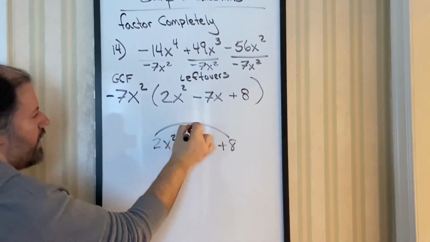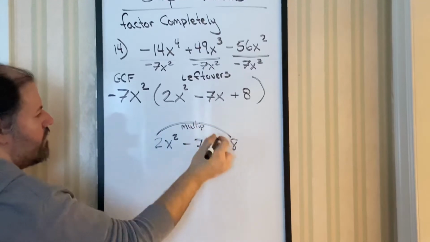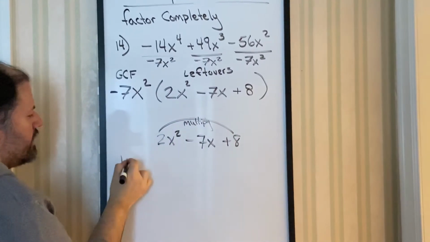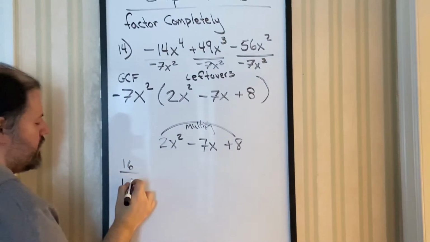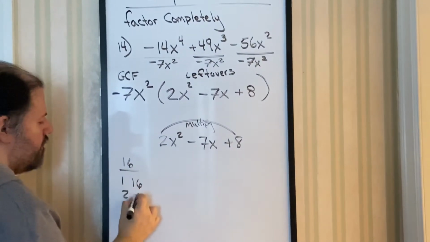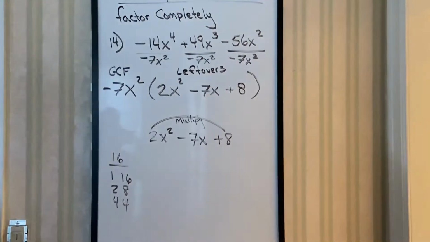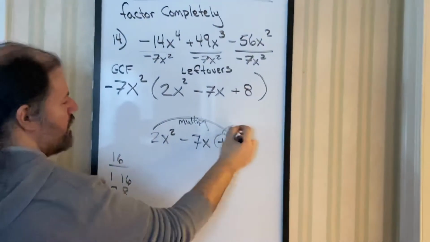We're going to multiply as our first step. So when you multiply, 2 times 8 is 16. All the combos multiply to 16. There's your step 2. Step 3, we know we're going to add our list.